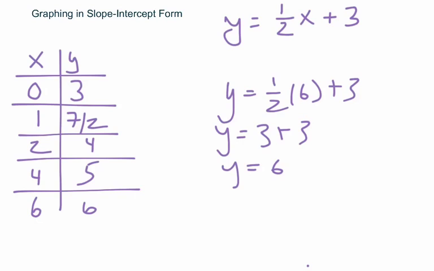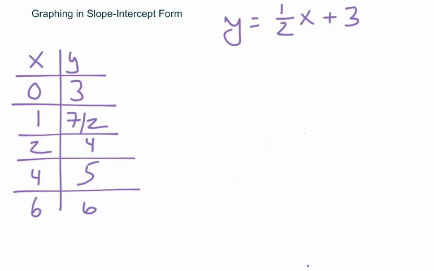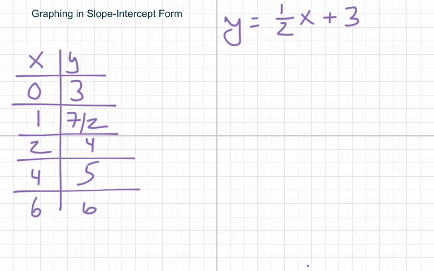So what we've done is we've constructed our table, and we could go ahead and graph that. Let's see what that looks like. I'm going to go over 2, then up 4, and so on, plotting each point, up to 6 and 6.